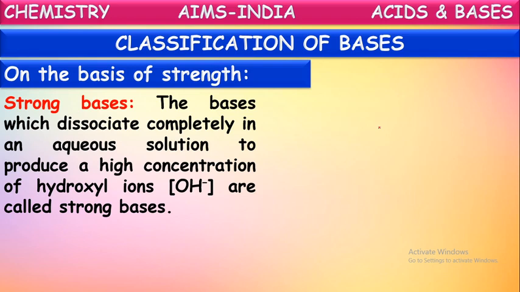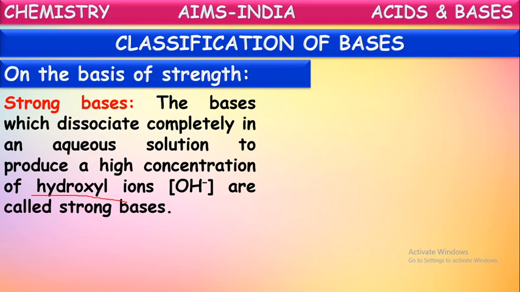The bases which dissociate completely in aqueous solution to produce a high concentration of OH minus ions are called strong bases. OH minus ions are called hydroxyl ions. We know bases contain OH ions in them. How acids have H plus ions in them, bases also have OH minus ions in them. For example, sodium hydroxide, NaOH.